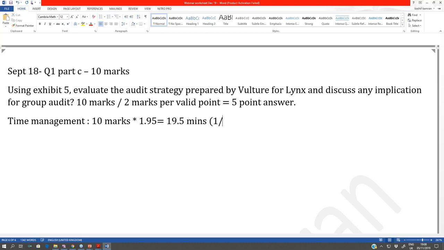From the 19.5 minutes, a quarter of the time should be spent on planning, which is about 4.9 minutes. So we're left with a writing time of approximately 14.6 minutes.